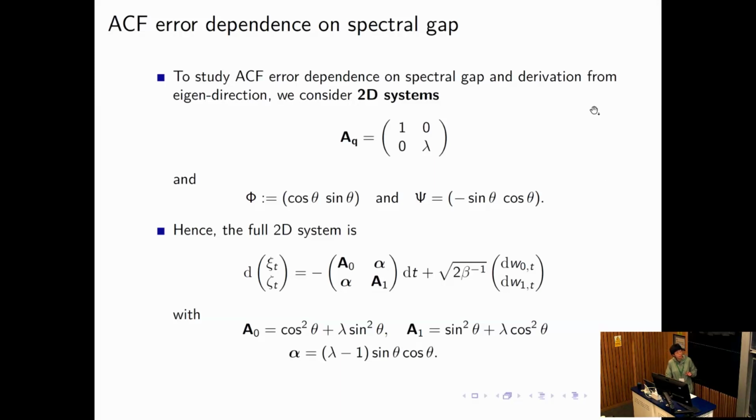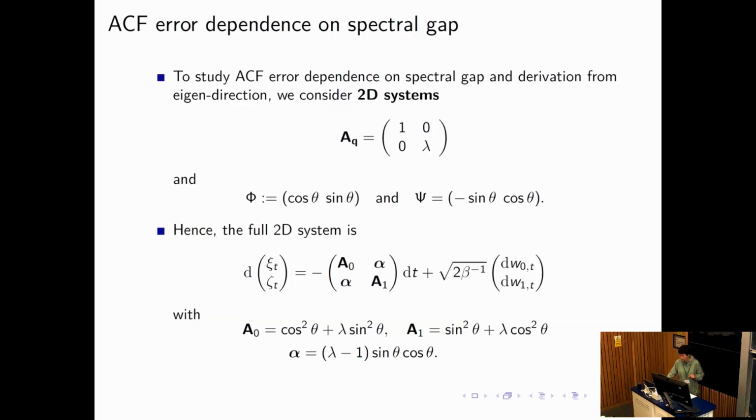So the first component denotes xi, and lambda denotes the under-resolved one. We assume our projection is controlled by angle theta. This tries to approximate the case where we select the coarse-grained variable very locally to be the eigenvector, or we slightly deviate from the eigenvector.